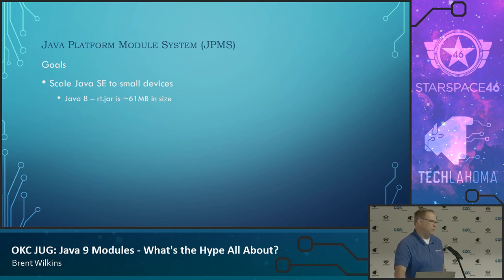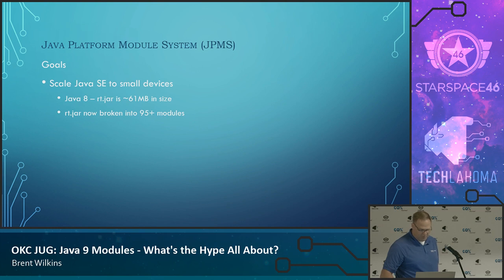But there are other things, like if you didn't write a Swing app, then you don't need all the Swing stuff, or the AWT stuff. You don't need JavaFX if you're not writing a JavaFX app. But you have to deploy it with that rt.jar, so all those classes have to be there for you. So one of their main goals was to break that down. They broke rt.jar down into submodules, or modules, 95 plus modules.